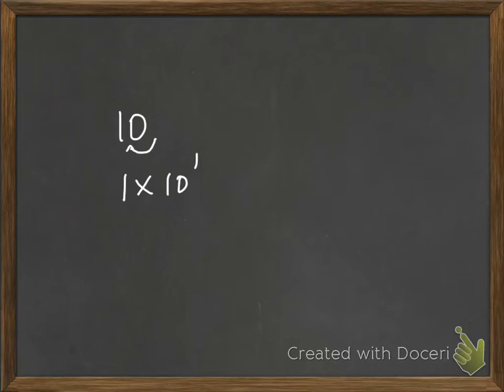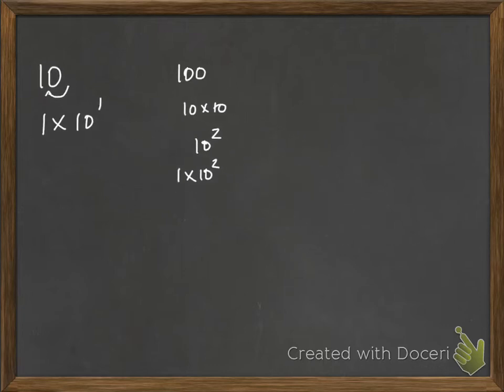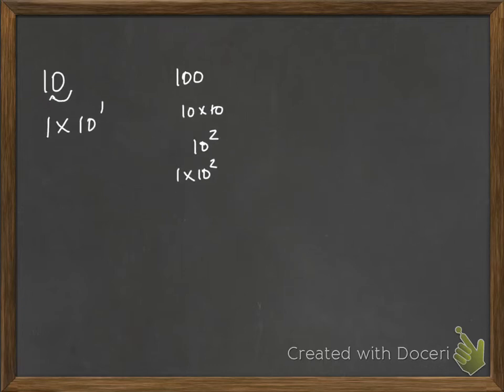If I have a 100, that's 10 times 10, so that's 10 to the second power. So if I move my decimal over, that would be 1 times 10 to the second power. If I have 1,000, we use tens because 10's the easiest one to use for this.